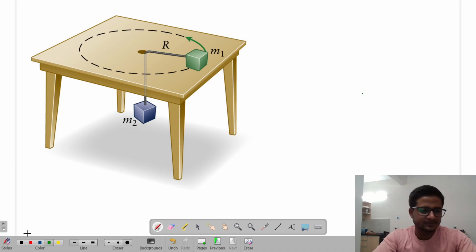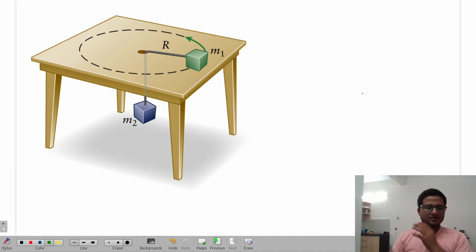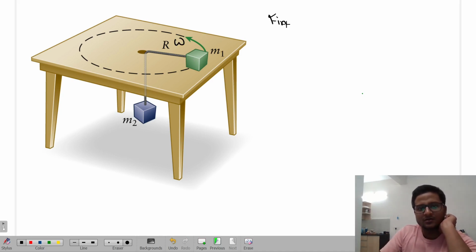Okay, the question is that this mass m1 is kept on this table and this is made to rotate with angular velocity omega. Find the minimum value of omega so that the system remains in equilibrium.